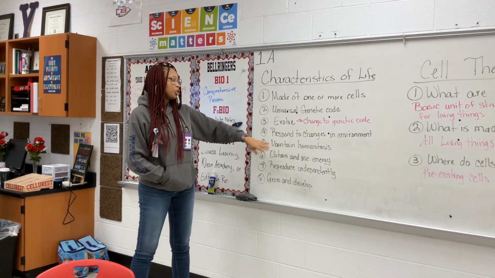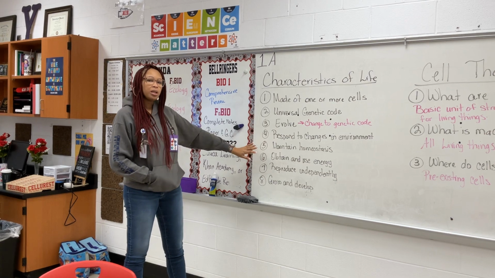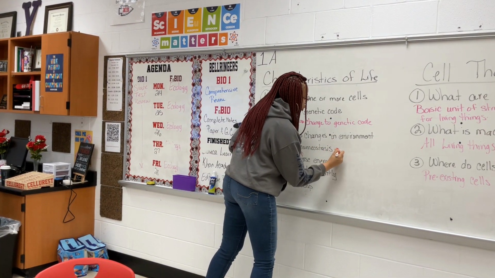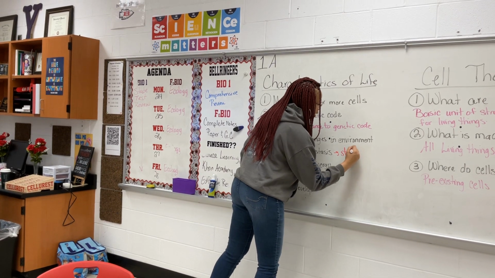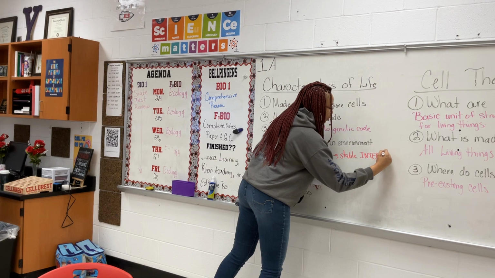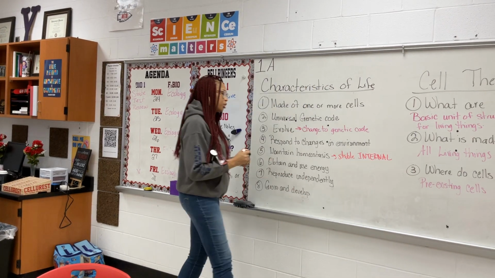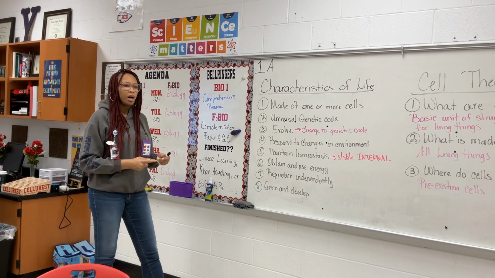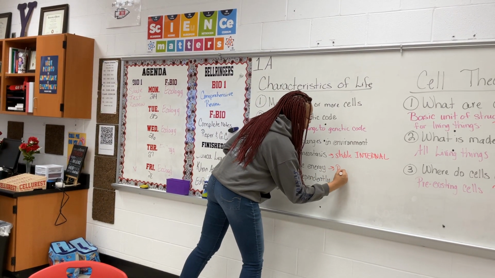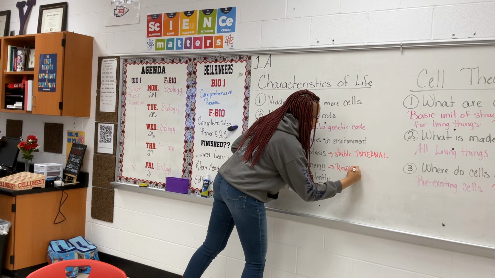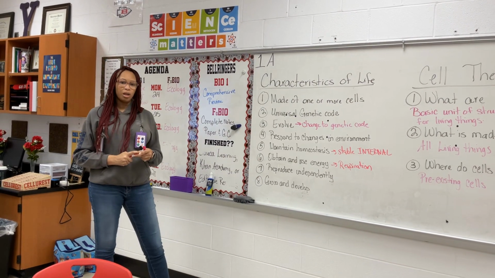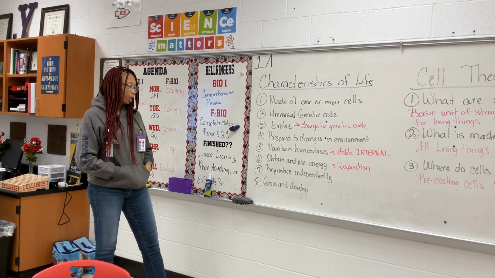You must be able to respond to changes in the environment, and have the ability to maintain homeostasis. Maintaining homeostasis simply means you're going to have a stable internal environment. You must also obtain and use energy, and this is done mainly through respiration, so being able to consume or create nutrients and then performing respiration.